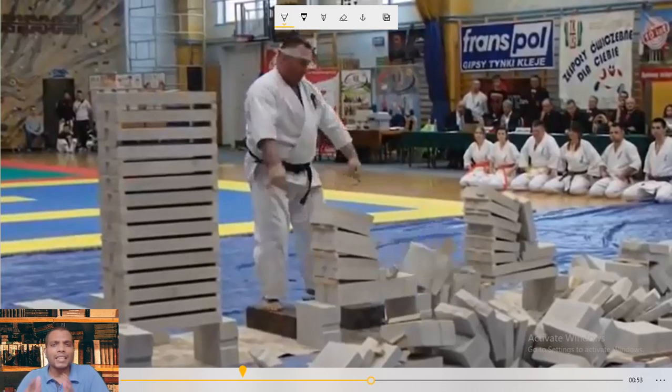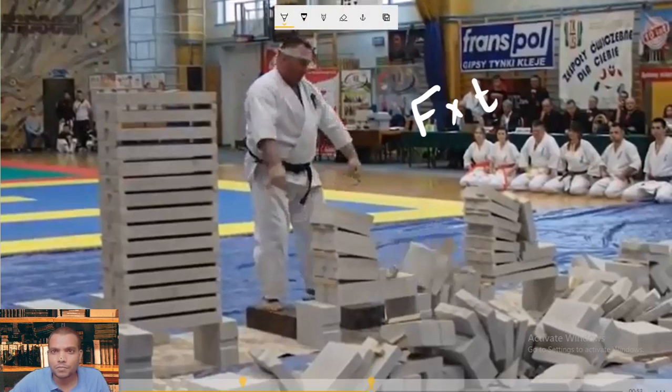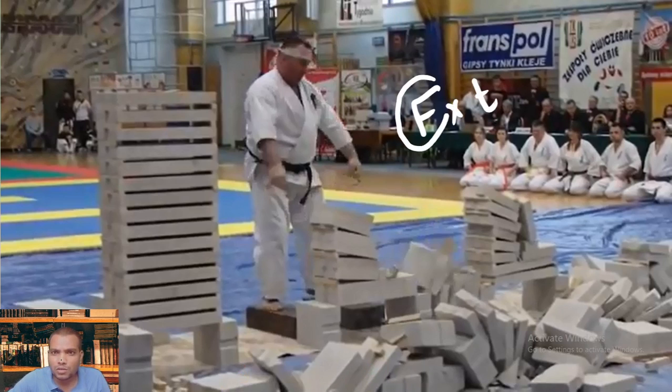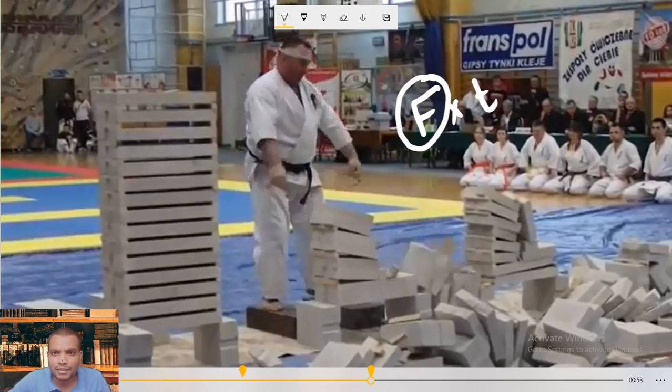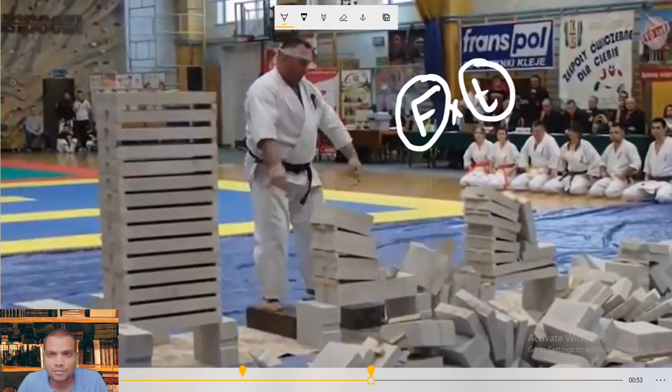So to break the blocks, the technique here is fastness. How is it? Because our formula is force times time. If force is applied and the time interval t is short, the impulsive force increases.